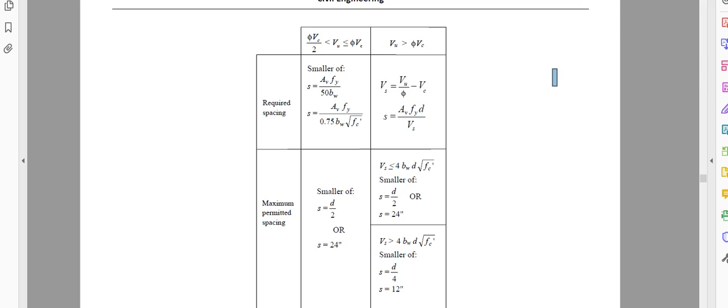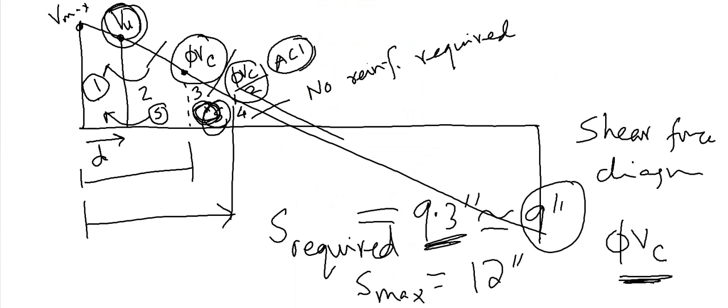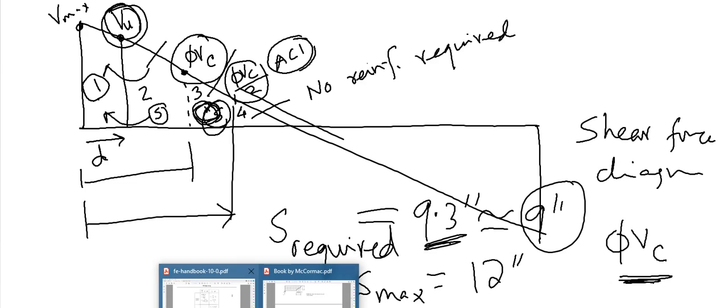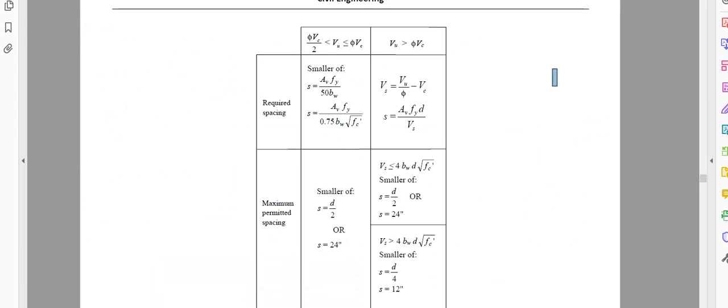And then for the other region, that means region number 3, which is more than ΦVc/2, for ΦVc/2, this is your column. So calculate your spacing using this equation and/or this equation. So calculate your spacing. Then maximum permitted is this or this.